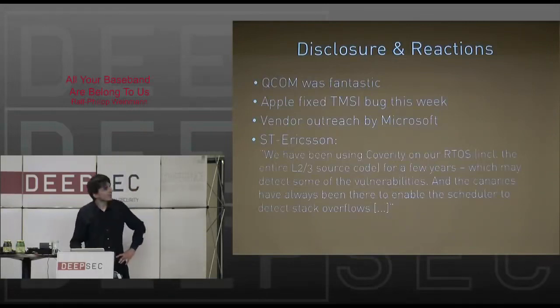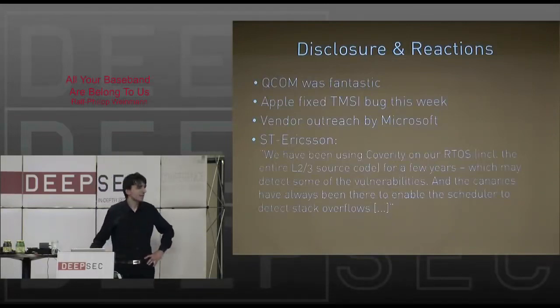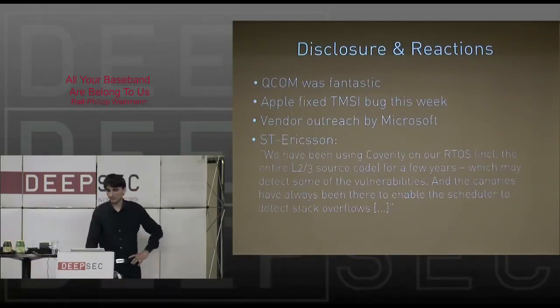So I think there's a need to educate the engineers who develop these, not just cell phones, but embedded systems, software in general, to be more careful and take security into account as well.